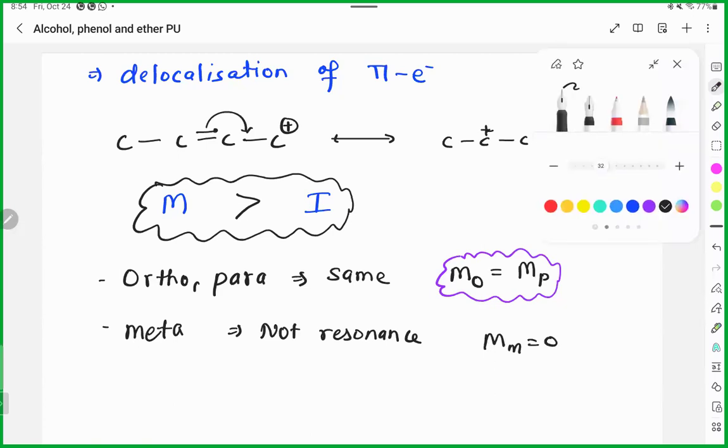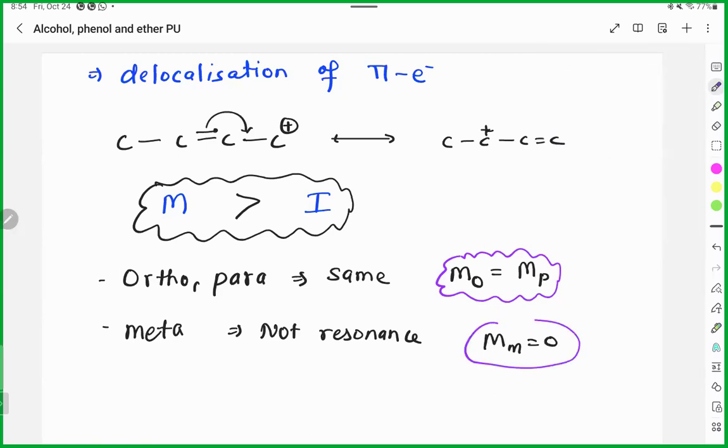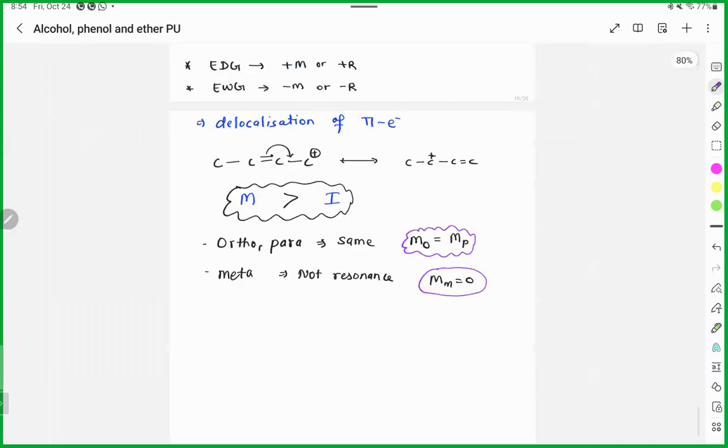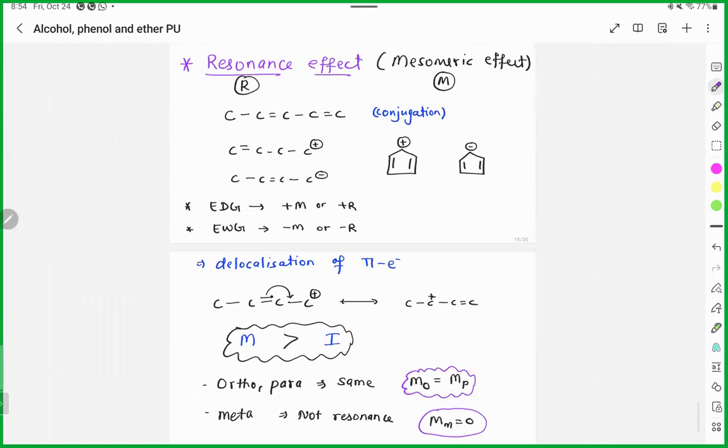There is no resonance effect on this. So two, three basic things about resonance, which is also known as mesomeric effect. There is alternate single bond, double bond, as we see in the case of the benzene ring, and resonance. But it could be related to positive and negative charge as well.